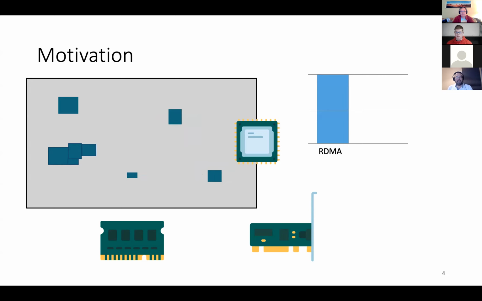So what most database systems do when they use RDMA is they gather all this data, copy it into a contiguous region, and then point the networking card to that region, and then they get, again, very good performance. But now the CPU has to load all the data into its caches, copy it, and then put it back out.